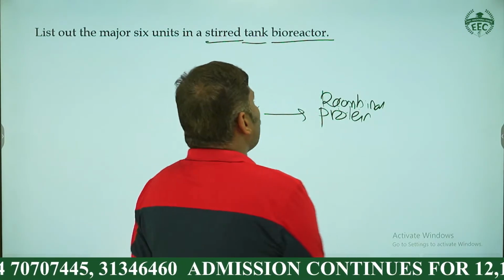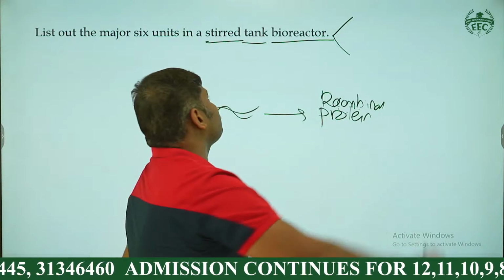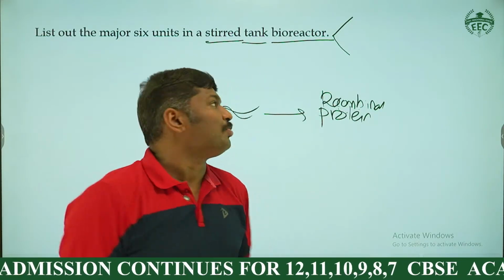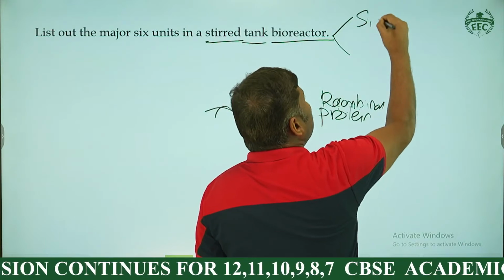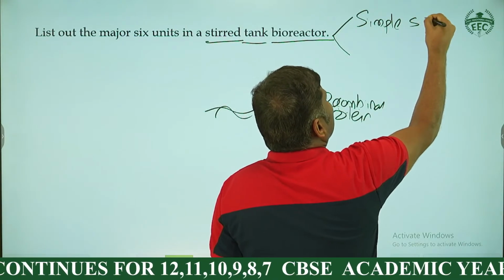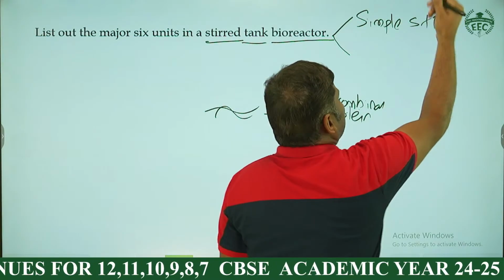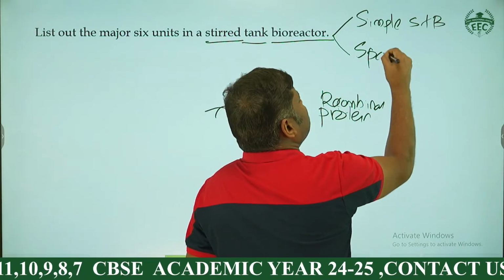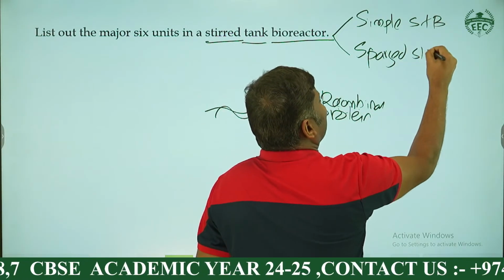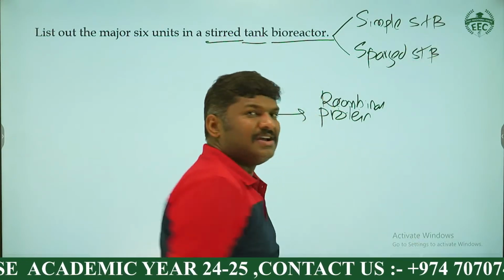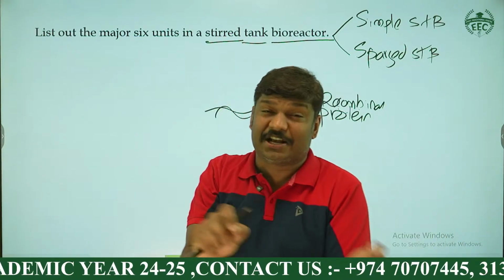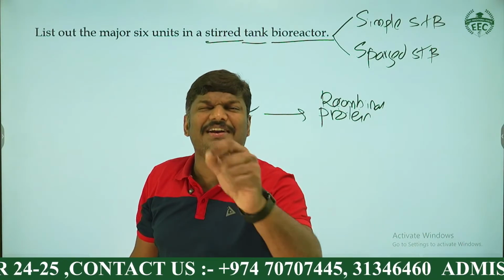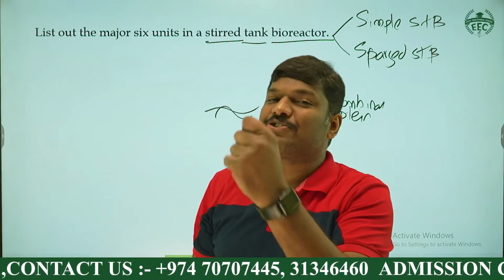There are two different types of stirred tank bioreactors described in our textbook: one is called the simple stirred tank bioreactor, and the other one is called the sparged stirred tank bioreactor. These are the two types of bioreactors.